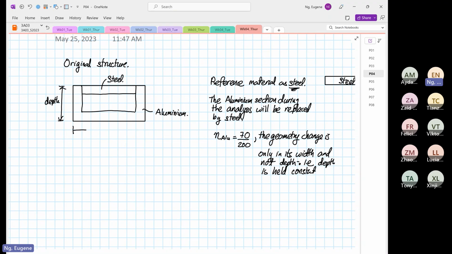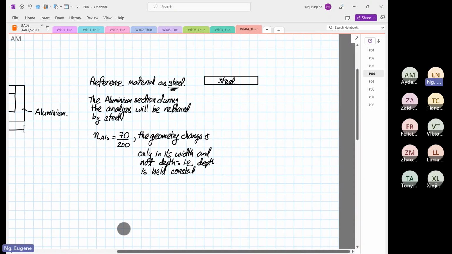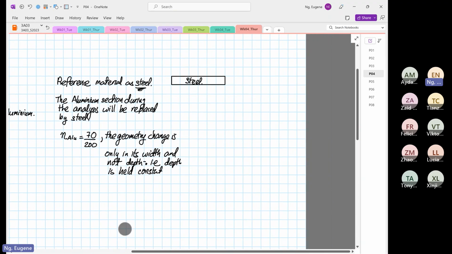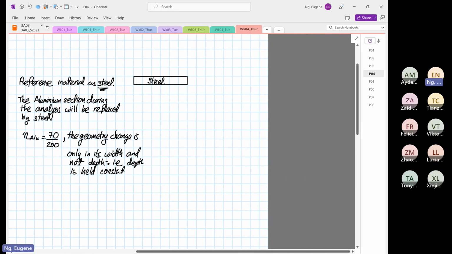However, this geometry, the width, can change. I'm just roughly going to sketch the width of the steel now replacing it. So the width will change to like this. So this is now my steel section.